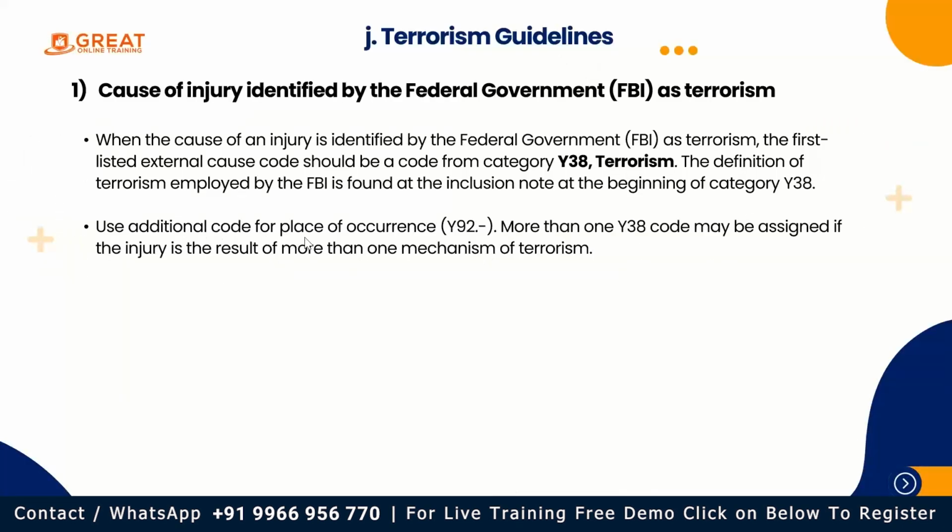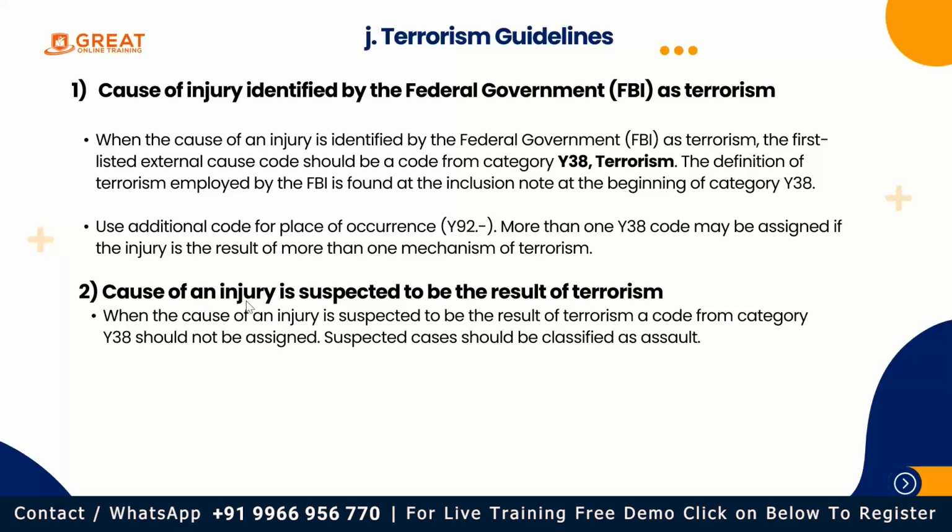Use additional code for place of occurrence from Y92 category. More than one Y38 code may be assigned if the injury is the result of more than one mechanism of terrorism. So if injury is caused because of more than one type of mechanism of terrorism, you can use more than one Y38. Next, cause of an injury is suspected to be result of terrorism.